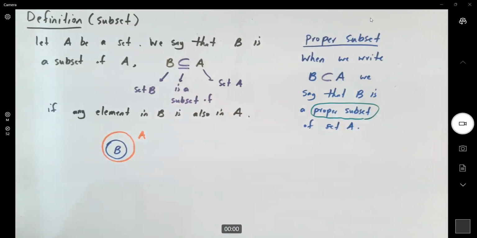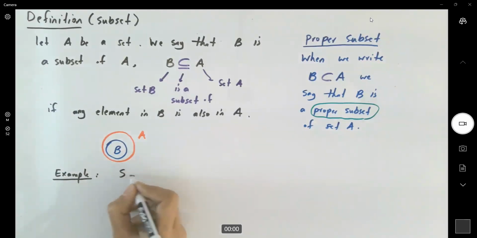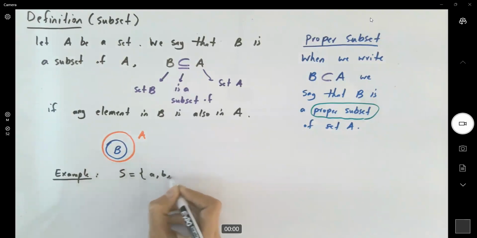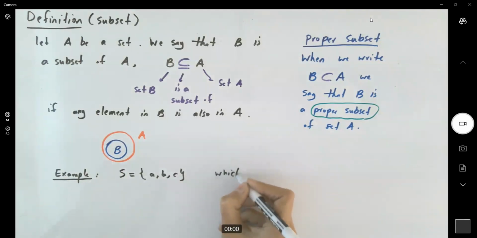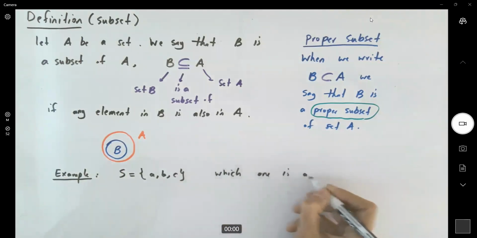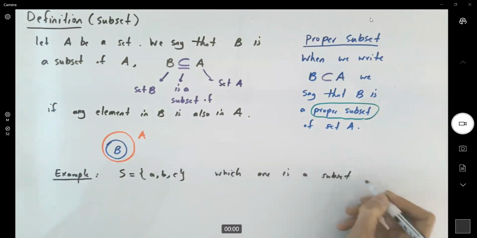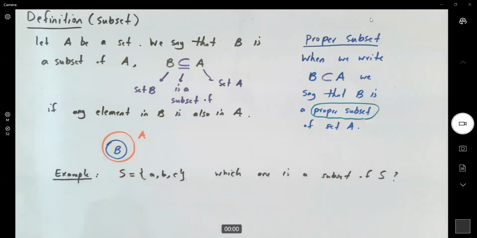Example. Some example to consider. So let us work with the set S that we defined at the beginning of this lecture. Okay, very good. Which one is a subset of set S? Okay, I'm going to give you these possible subsets.